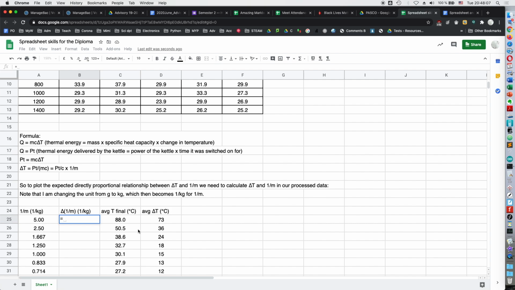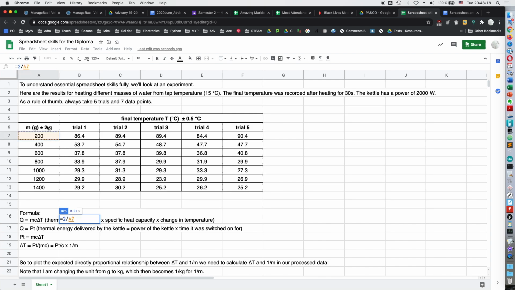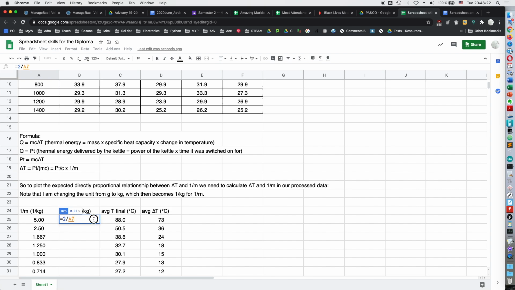You'll take the relative uncertainty that you have here, and that was 2 grams out of 200 for the first one, and you multiply this value by this value. So the relative uncertainty, which is the absolute uncertainty of 2 grams divided by the value, in this case 200 grams, multiplied by 1 over m.